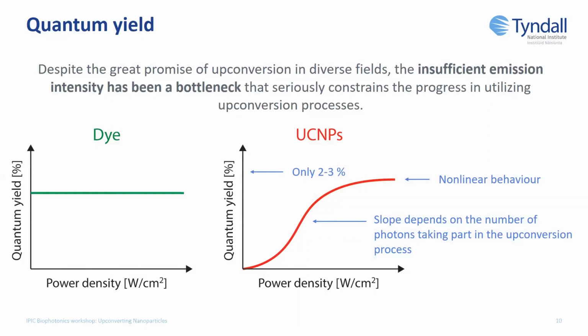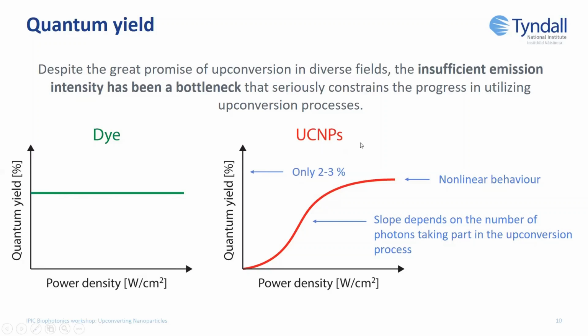When we compare it to fluorescent dyes that are typically used in bioimaging applications, you can look at the quantum yield, which means the ratio of the emitted photons divided by the number of absorbed photons, and you can see that it's constant as a function of power density, and it's typically quite high. It can even reach 90%.